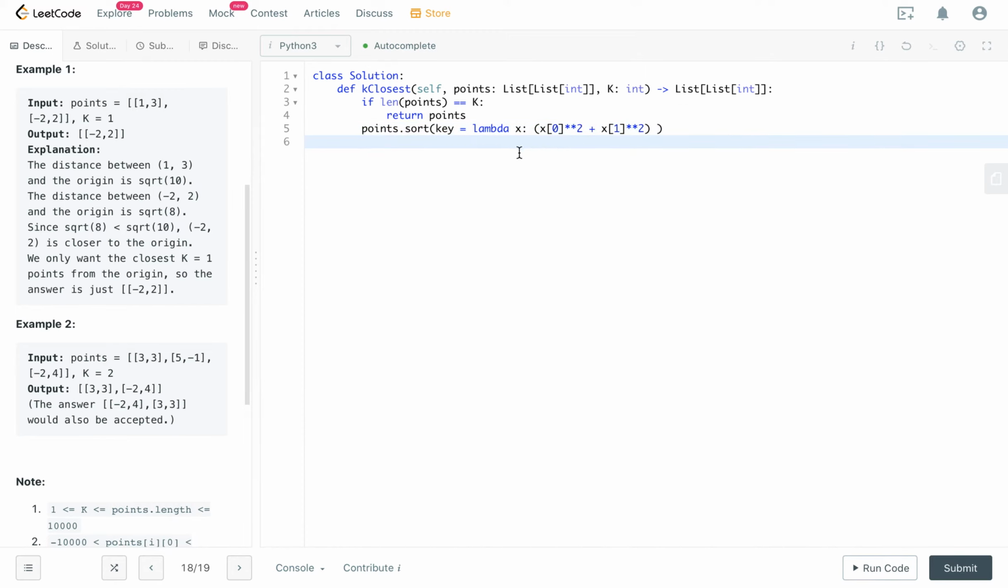So this is basically saying that for each of the points, we multiply its first index by itself and multiply its second index by itself, and that's basically our distance squared, and that's how we want it to be sorted.